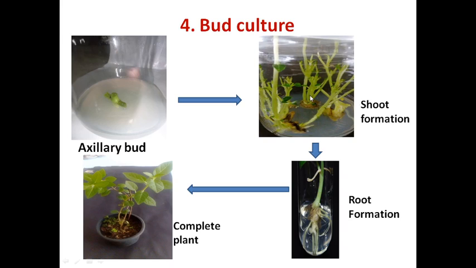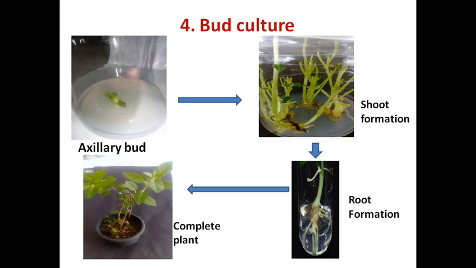Then this in vitro shoot I transfer into the culture medium containing higher auxin content, like indole acetic acid and indole butyric acid. Then there is root formation, and this rooted shoot I then transfer into the hardening process, with cocopeat, sand and soil, and finally a complete plantlet is produced.